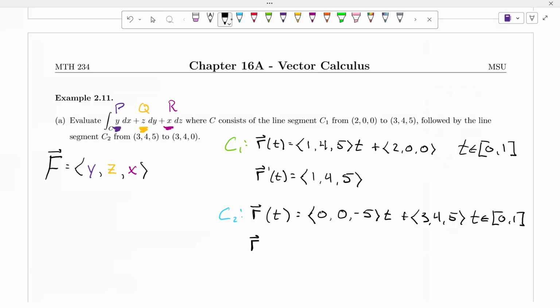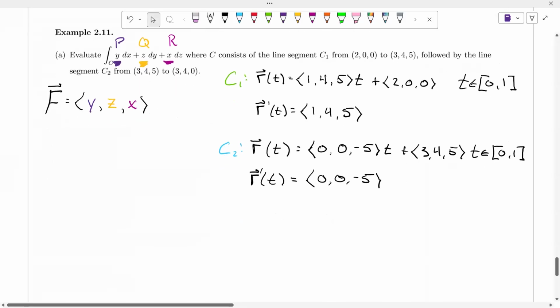R prime of t is (0, 0, -5). Nice thing about line segments is that their derivative is just the direction vector. And now we're going to calculate a line integral.